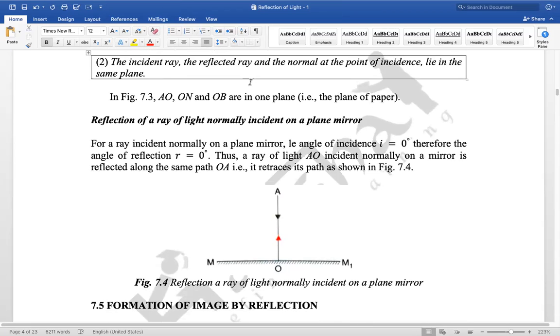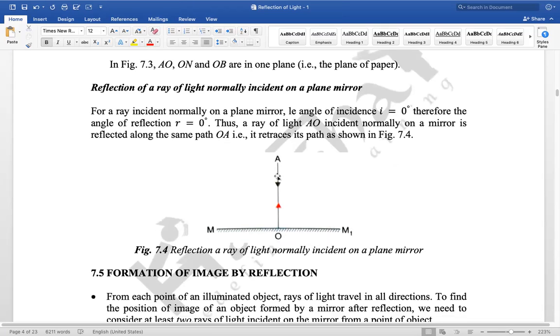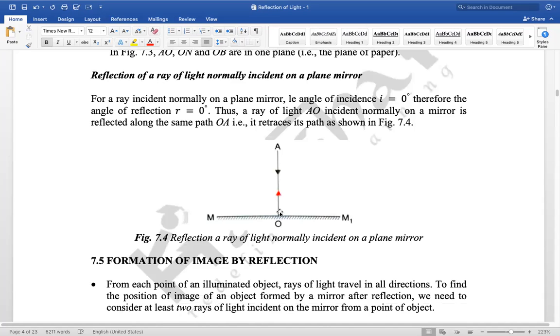Now reflection of a ray of light normally incident on a plane mirror. तो अगर कोई रे मिरर पे नॉर्मली इंसिडेंट होगा, मतलब परपेंडिकुलर टू द सरफेस, वो उसी डायरेक्शन में वापस रिवर्ट हो जाएगा. सो यहाँ पे एंगल ऑफ इंसिडेंस जीरो होगा, क्योंकि नॉर्मली इंसिडेंट है, तो नॉर्मल से जो एंगल बनाएगा इंसिडेंट रे जीरो है. सो फॉर अ रे इंसिडेंट नॉर्मली ऑन अ प्लेन मिरर, the angle of incidence I is equal to 0 degree.